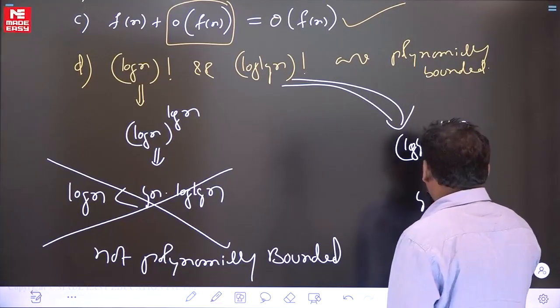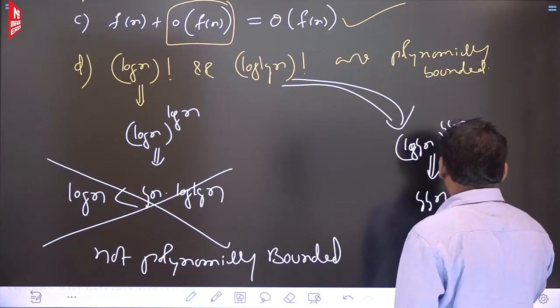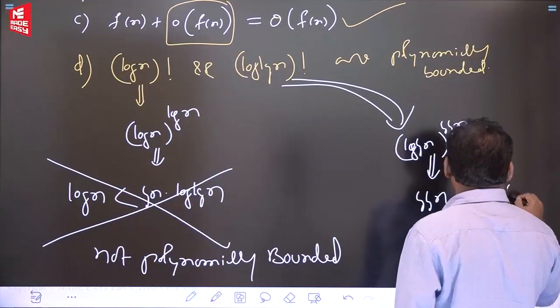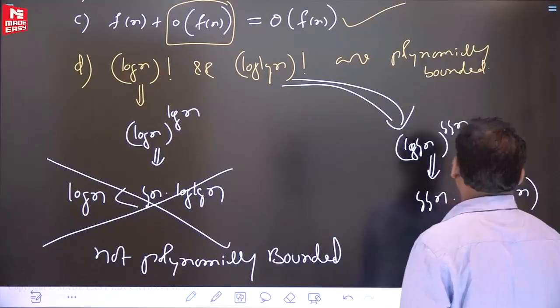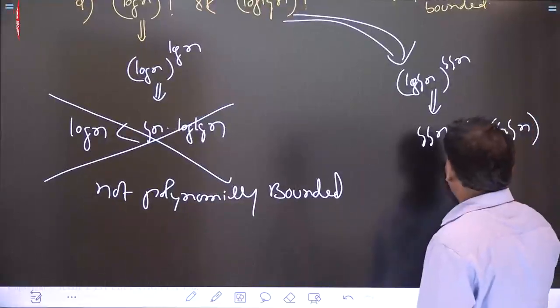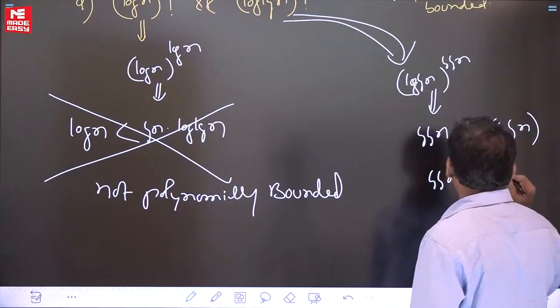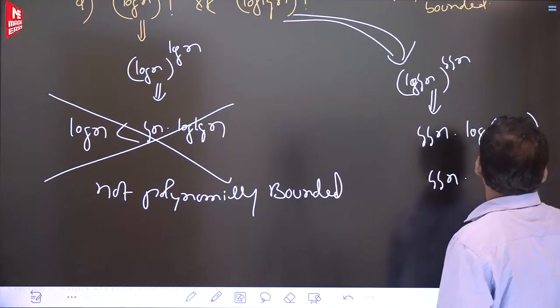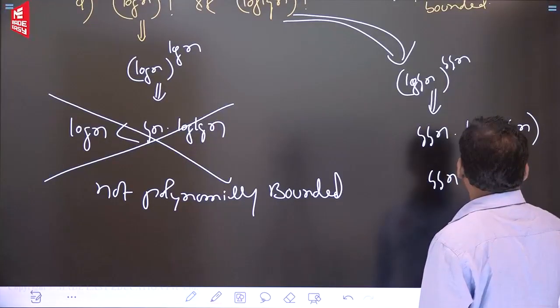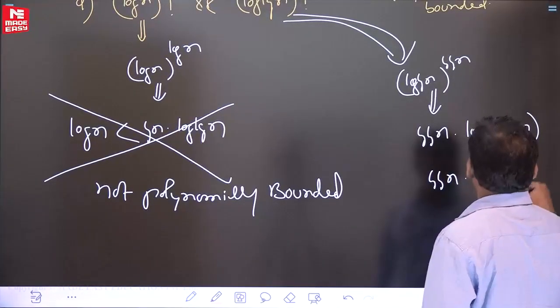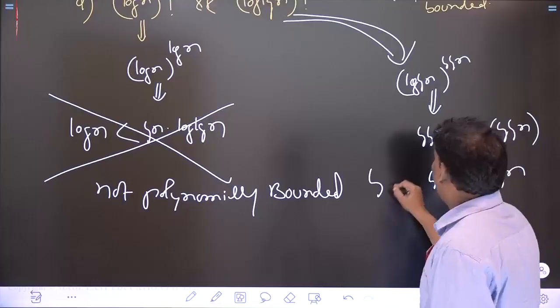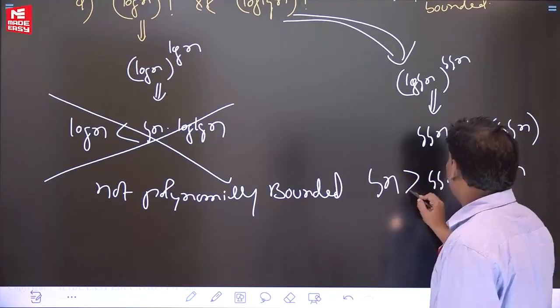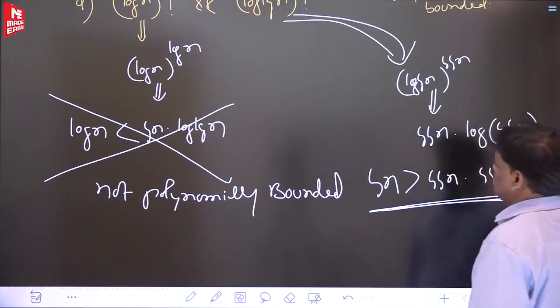What is the answer? Log n into log of log n, which goes to log n into triple log n. Comparing log n and this one, who is greater? Log n is bigger.